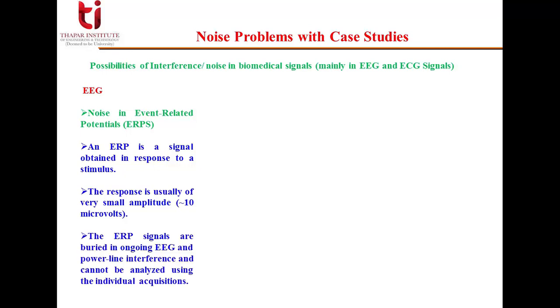The ERP signals are buried in ongoing EEG and power line interference and cannot be analyzed using individual acquisitions. As mentioned, these are relatively small electrical responses to specific events which can be observed only if the EEG traces are averaged over a series of trials.